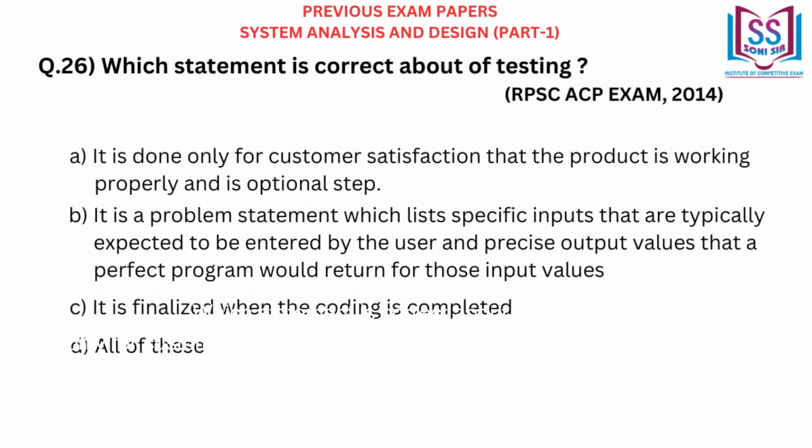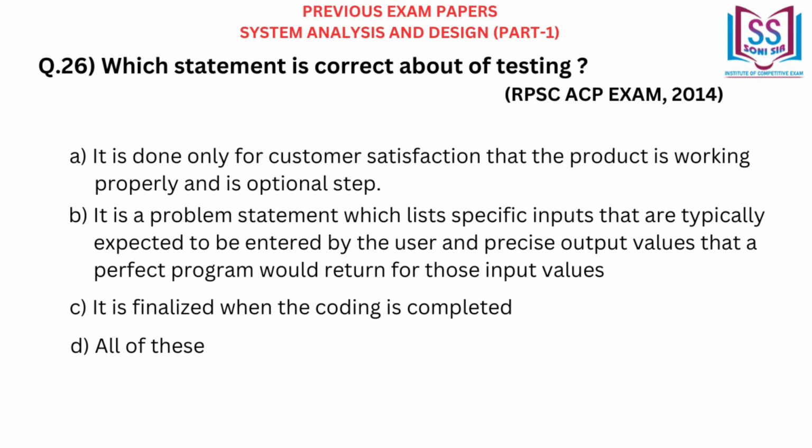Which statement is correct about testing? A. It is done only for customer satisfaction that the product is working properly and is optional step. B. It is a problem statement which lists specific inputs that are typically expected to be entered by the user and precise output values that a perfect program would return for those input values.